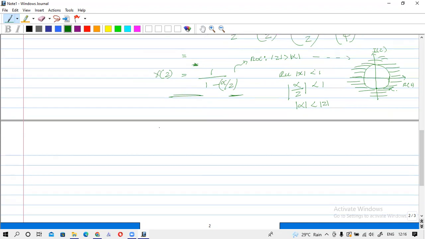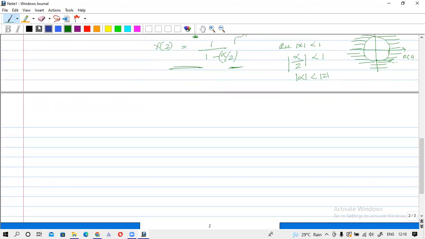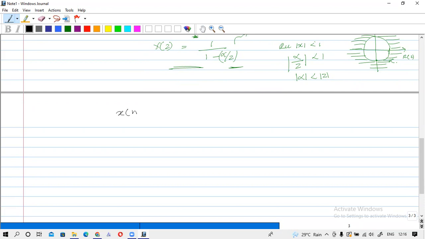Now please try to find this one by yourself quickly. If we are given x[n], let's say x2[n] is equal to alpha^-n u[n], please try to find the Z transform and try to find the ROC.